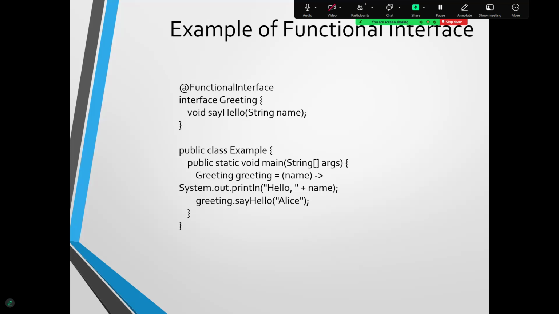So we need to understand that in Java 8 they introduced this concept of functional interface. We need to understand what is the difference between ordinary interface and functional interface.